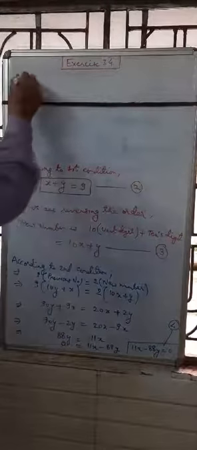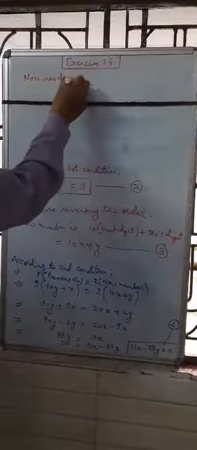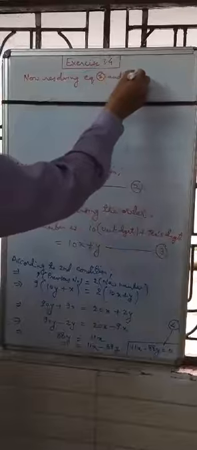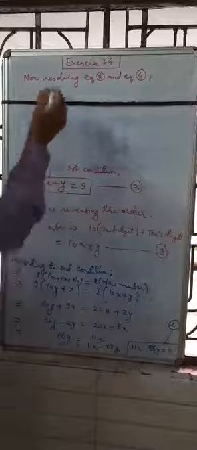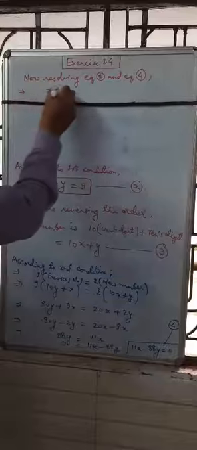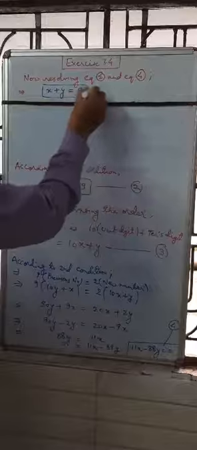Now solving equation 2 and equation 4. We got x plus y is equal to 9, which is equation number 2.